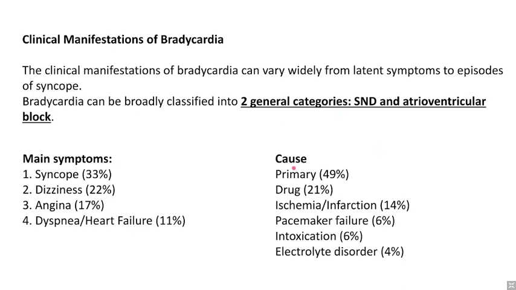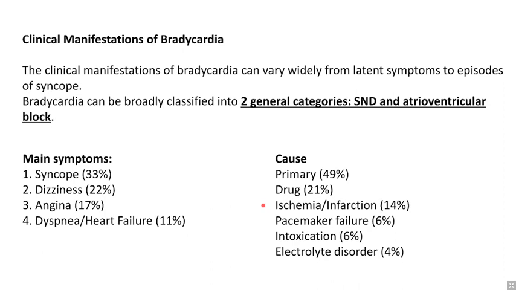What are the main causes? Bradycardia may be primary. We don't know about the cause. But we think if it's an elderly patient, I think ischemic heart disease is the main cause.